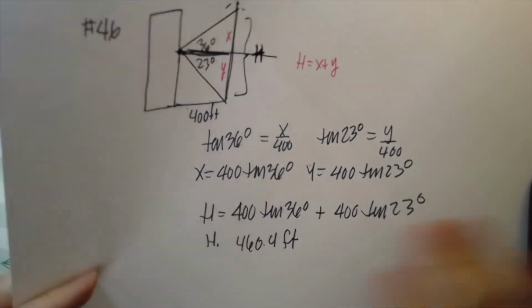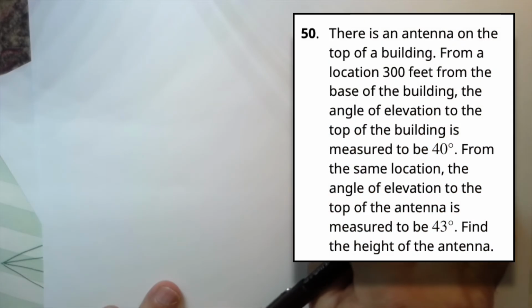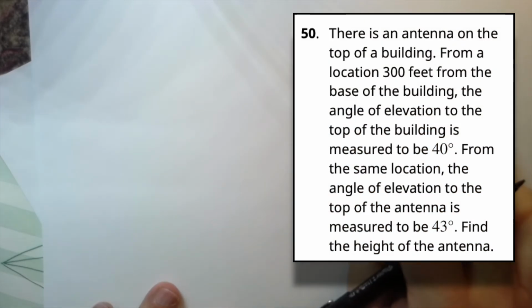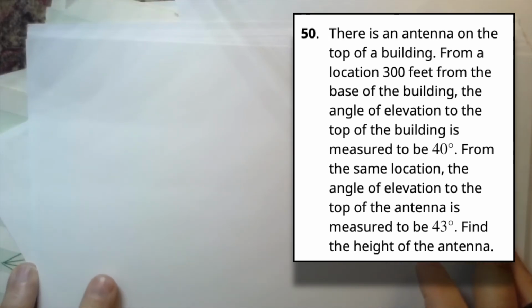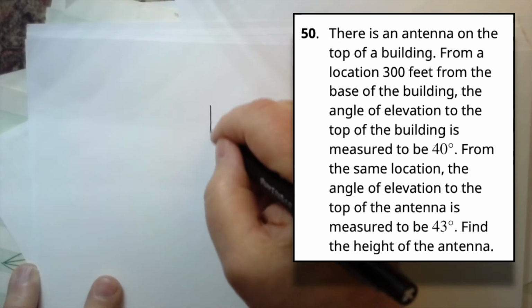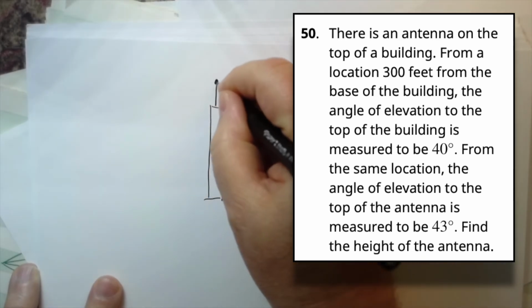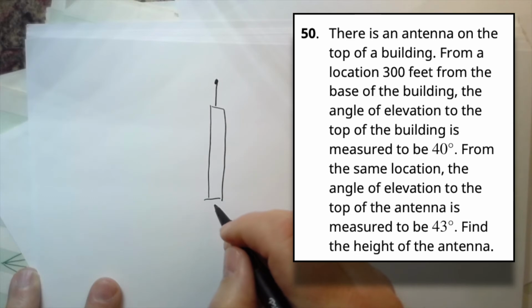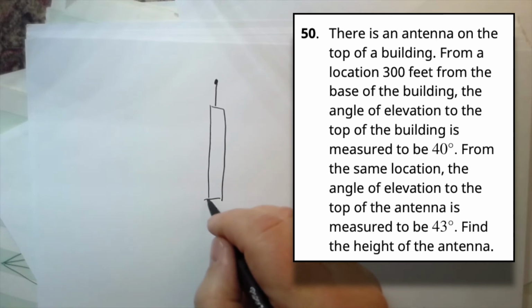All right, let's try another one. The next one we have is number 50. There's an antenna on the top of a building. From a location 300 feet from the base of the building, the angle of elevation to the top of the building is 40 degrees.